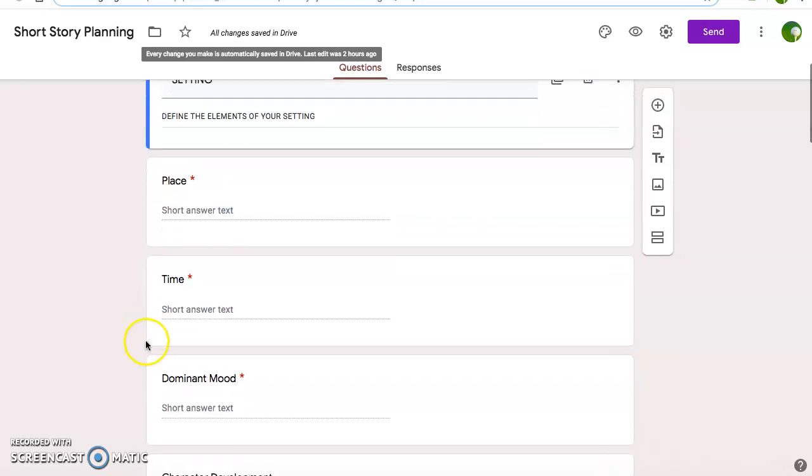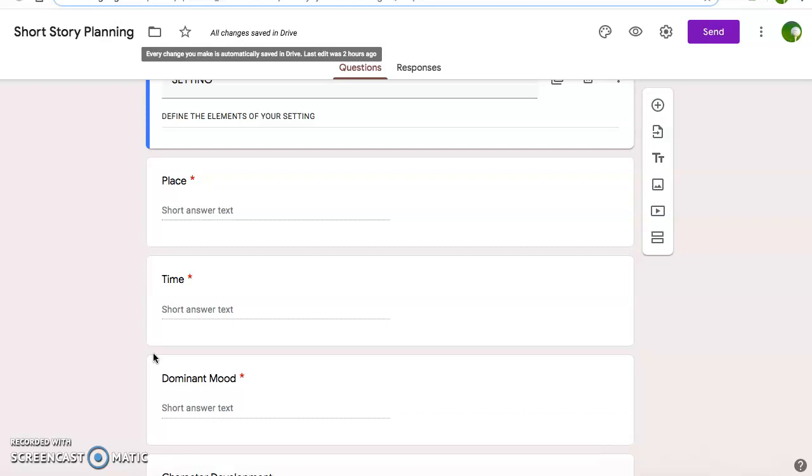I'd also like you to think about the mood of the story and what the dominant mood of the story is going to be. This is something that you will set up, maybe even by accident, in the beginning of your story, but hopefully purposely, by where you're setting the story and by when you're setting the story.